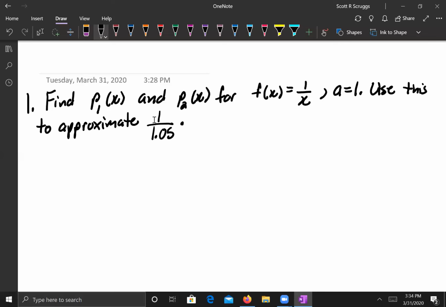All right, so essentially what I'm going to ask y'all is find P1 and P2, and then use your answer for P1 and P2 to approximate the value 1 over 1.05, or to go with our function, to approximate our function f at 1.05. So that's going to be the first problem that I want to give y'all a few minutes to work on.